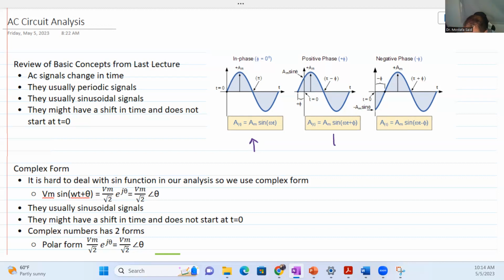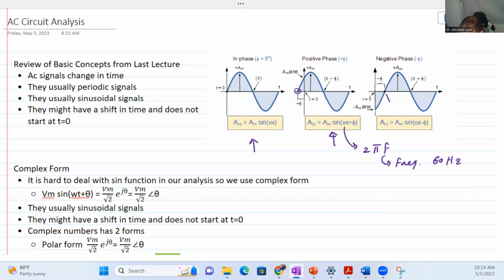So A of t or V of t equals some maximum, sine of omega t, and we say that omega is 2 pi f, and f is the frequency. Here in the US, it's 60 hertz. And phi here is basically the shift.